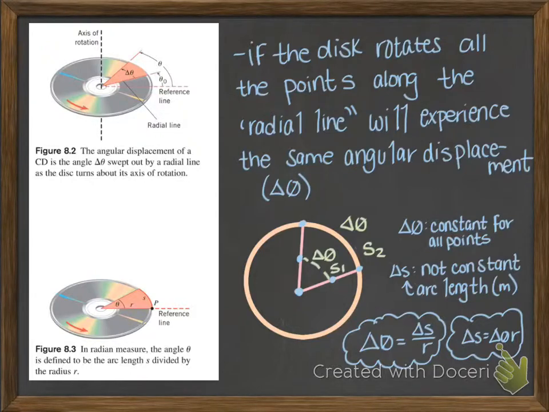Just because theta is the same, and side 1 is smaller than side 2, doesn't mean that the arc length is going to be the same. Below, I wrote how to find sides and how to find theta: theta equals side over r, or side equals theta times radius.